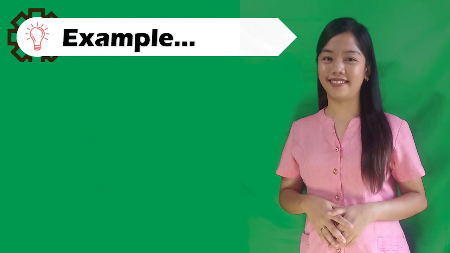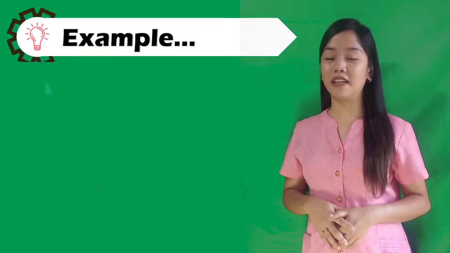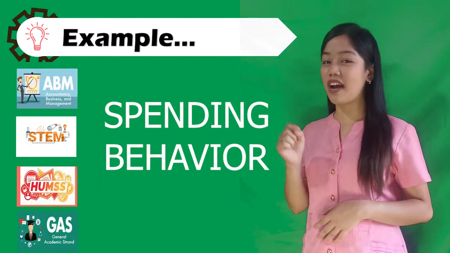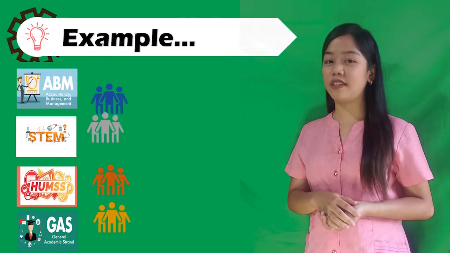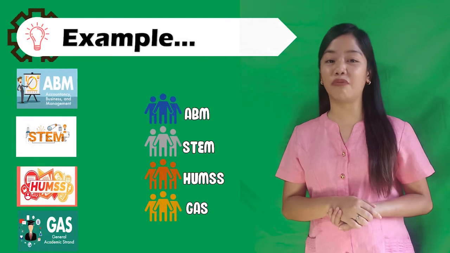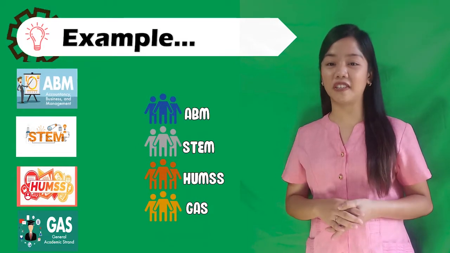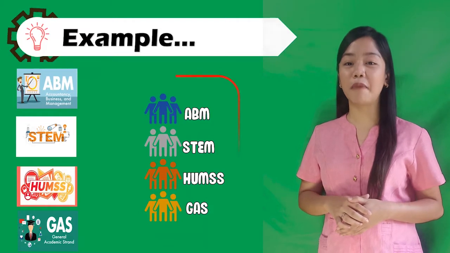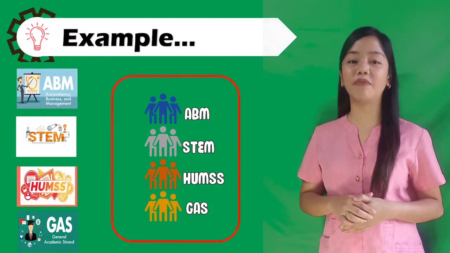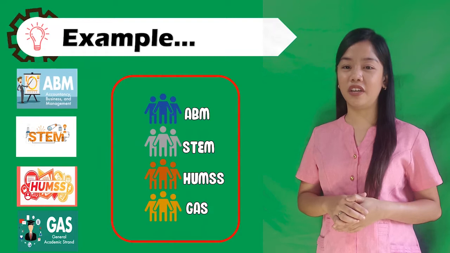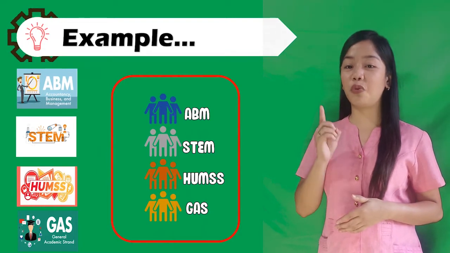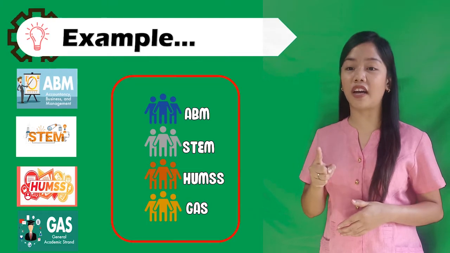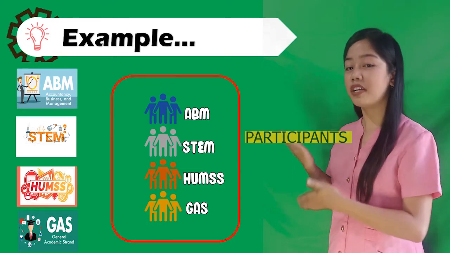For example, let's say you wanted to know... them into different strata that are homogeneous in nature. When we say homogeneous, the members from each stratum have the same characteristics. After doing that, you would then take a random sample from each of these strata, and this will be your participants.